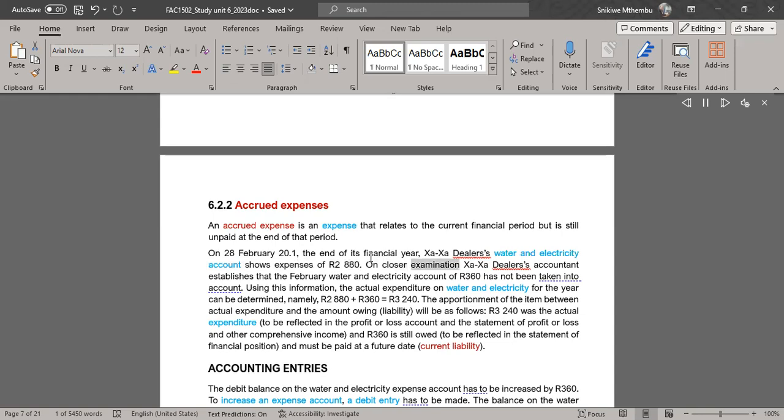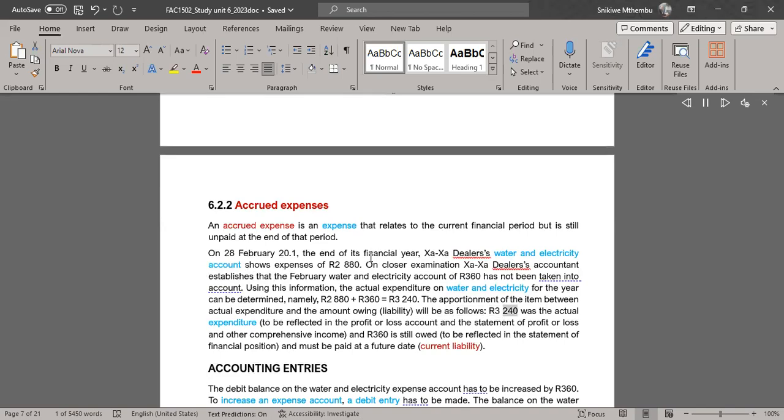On closer examination, XAXA Dealers' accountant establishes that the February water and electricity account of R360 has not been taken into account. Using this information, the actual expenditure on water and electricity for the year can be determined, namely R2880 plus R360 equals R3240.